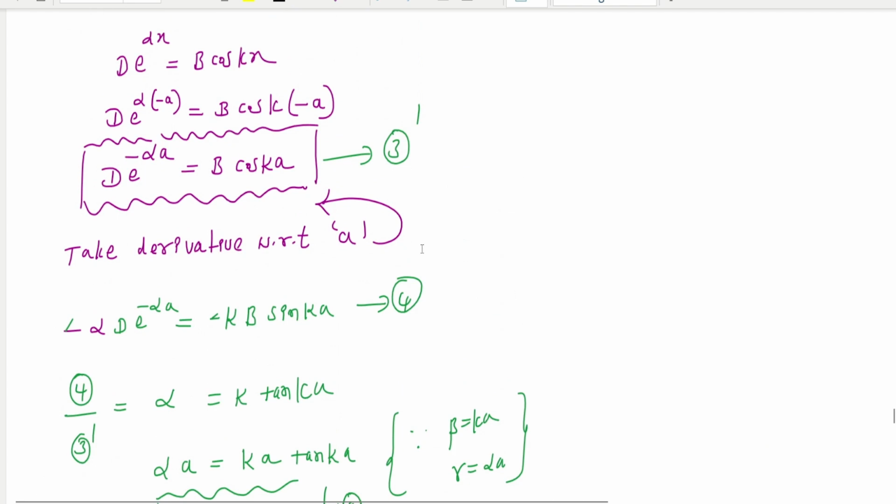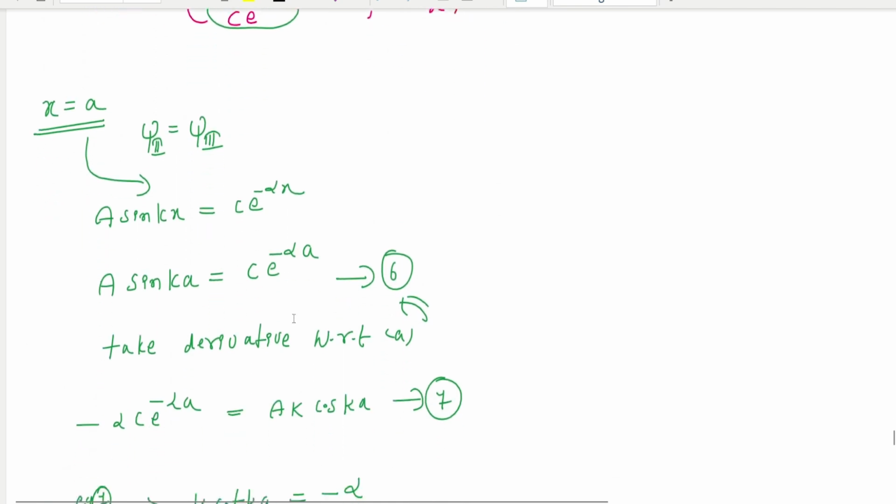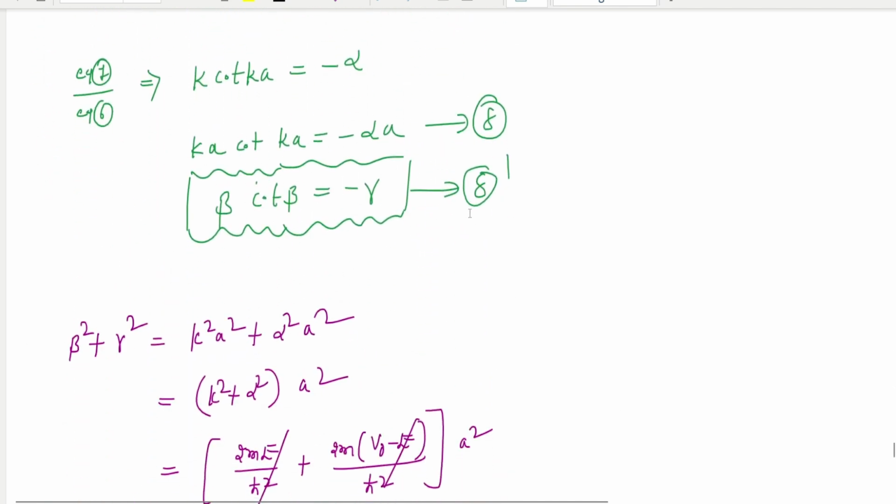For that, we need to solve equation number 5, this equation, and equation number 8, not this one, 8 prime.